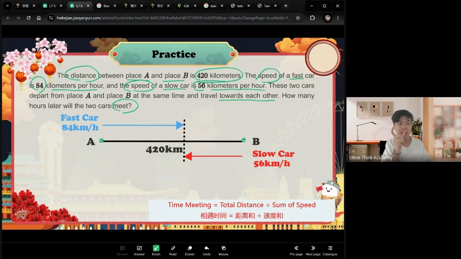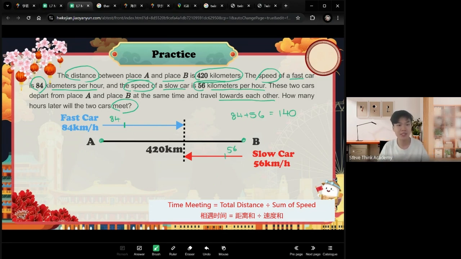For example, after 1 hour, fast car traveled 84 kilometers, the slow car traveled 56 kilometers. And you see, the distance is actually shortened by how much? It is shortened by 84 plus 56 equals 140. And in the next hour, they both traveled for another 140 kilometers.